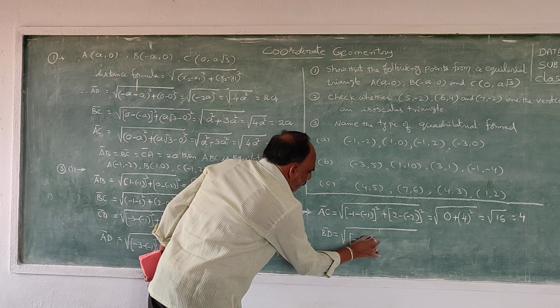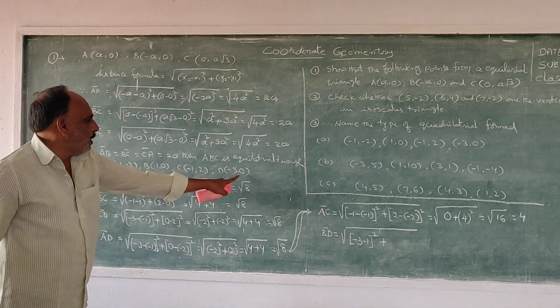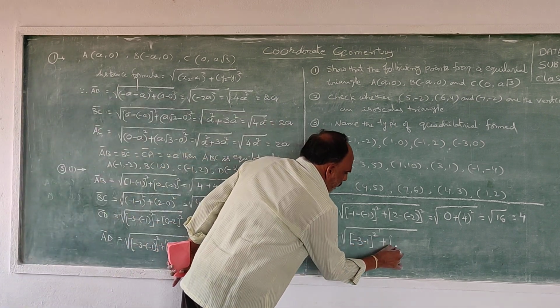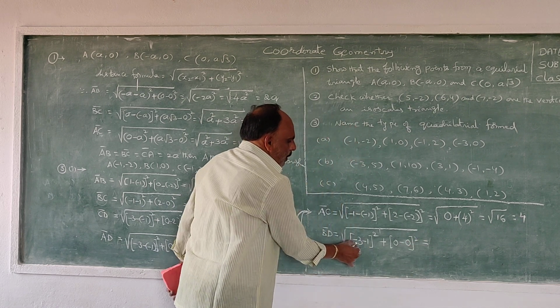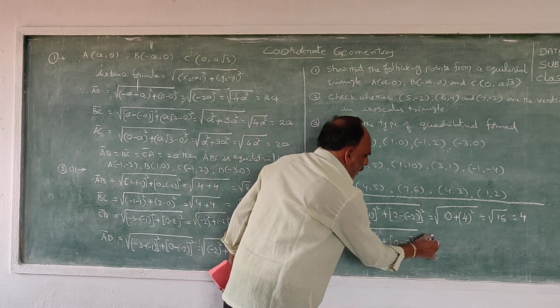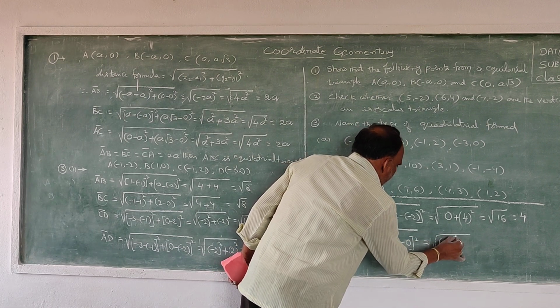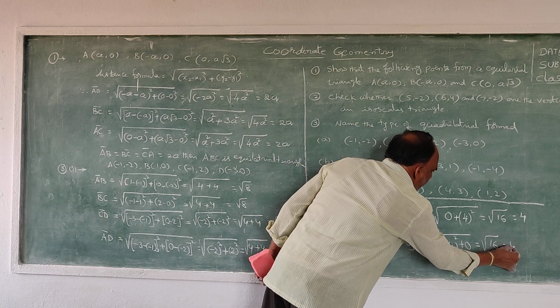Minus 3 minus 1 whole square, plus y2 minus y1. y2 is 0, y1 is 0. 0 minus 0 whole square. That is equal to minus 3 minus 1, minus 4. Square root of minus 4 whole square plus 0. That is equal to root 16, which is equal to 4.